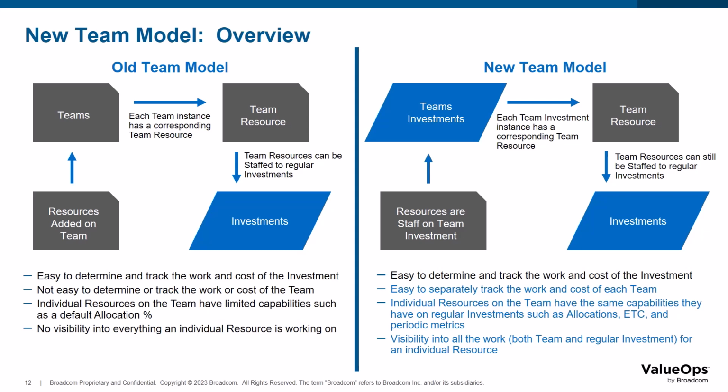Under the new model, it's still easy to determine and track the cost and the work of an investment, but now you can also easily track the work on the team. And all the resources on a team have the same capabilities that they have on regular investments, such as allocations, etc., and periodic metrics. And now customers can have visibility into all the work, both teamwork and regular investment work, for an individual resource.